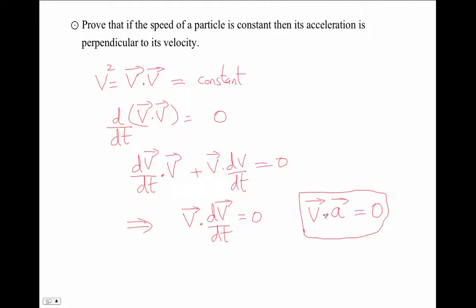And this says, for example, that if there is a particle that's going around in a circle with constant speed, its velocity is changing, but its speed is constant. In that case, the velocity which is along this circular path is perpendicular to the acceleration. So the acceleration is then directed towards the center of the circle.